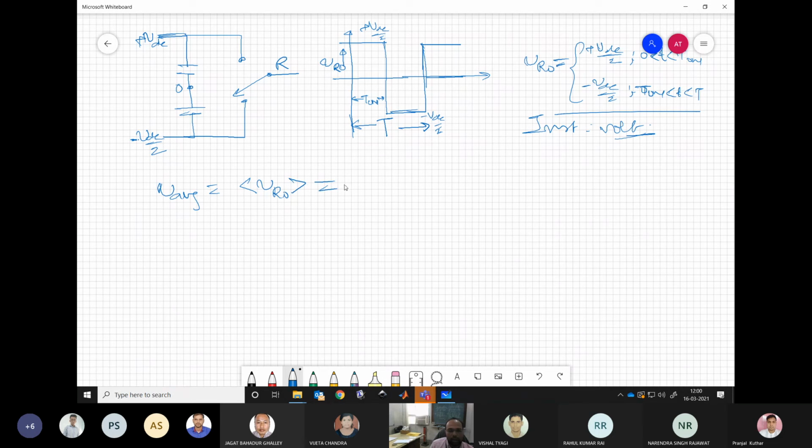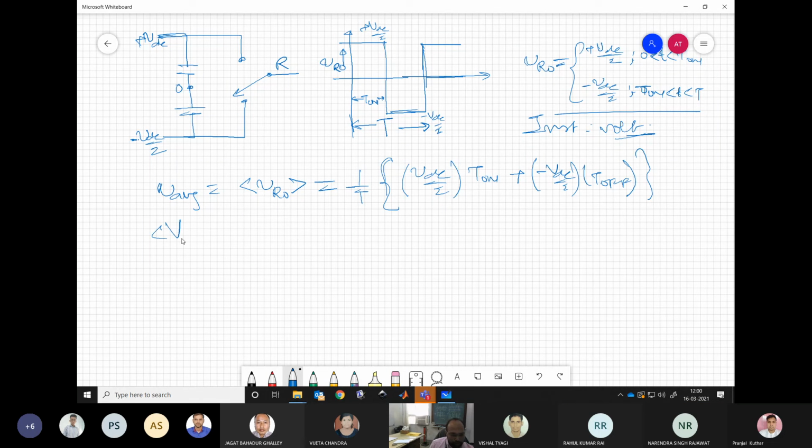This symbol means the average value of pole voltage, or VRO voltage, or whatever voltage is written inside this. So we can write the expression as VDC by 2 times T on plus minus VDC by 2 times T off.